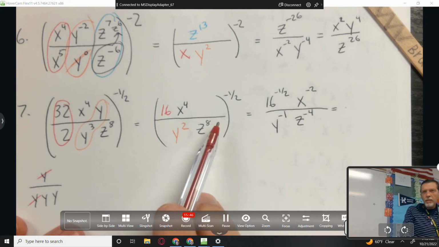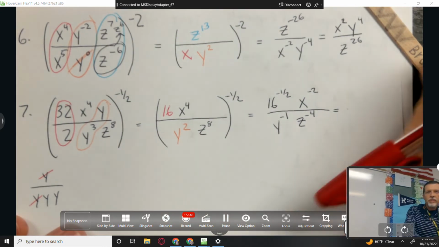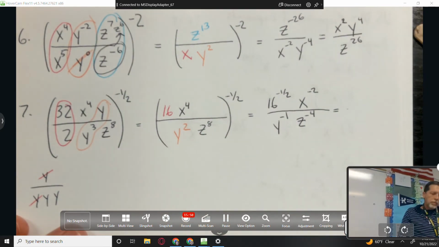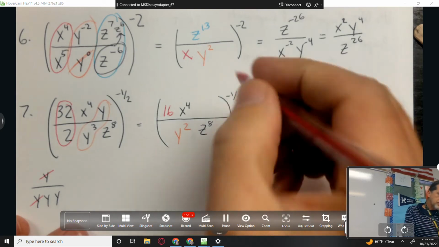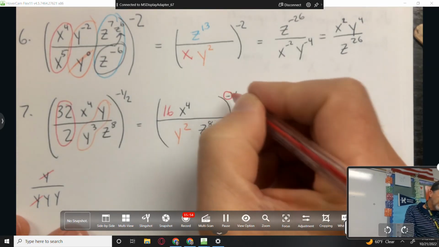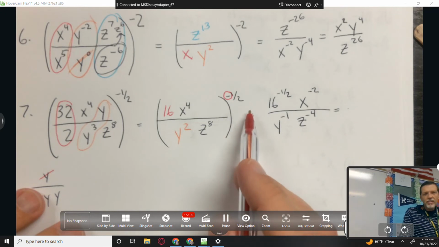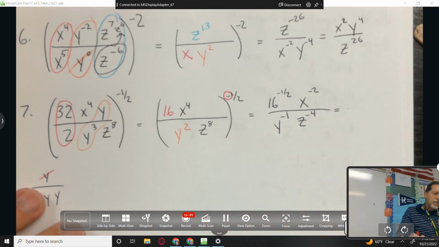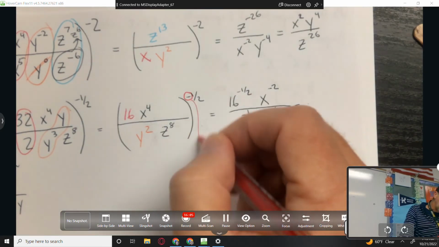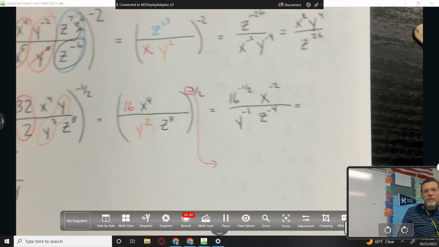The other way to do that problem, slow down, you're still writing, is to just look at the negative and flip everybody, but leave the 1/2 outside. So I don't know, you may not even want to write this down.